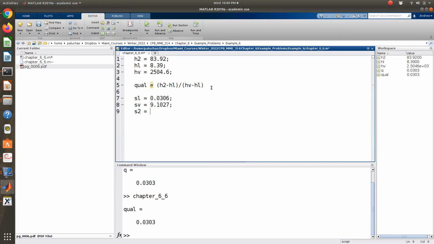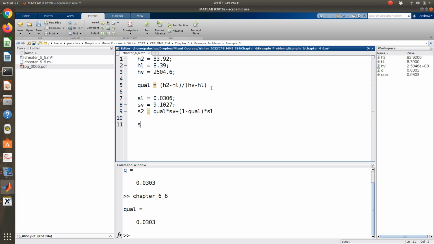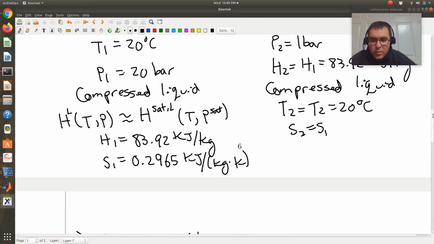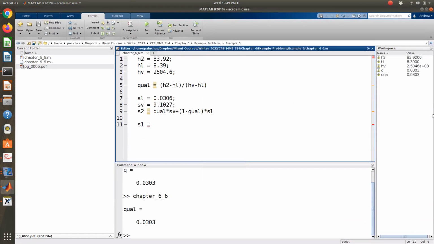S2 then would be equal to qual times SV plus 1 minus the quality times SL. Okay, and then let me record S1. S1 was 0.2965.